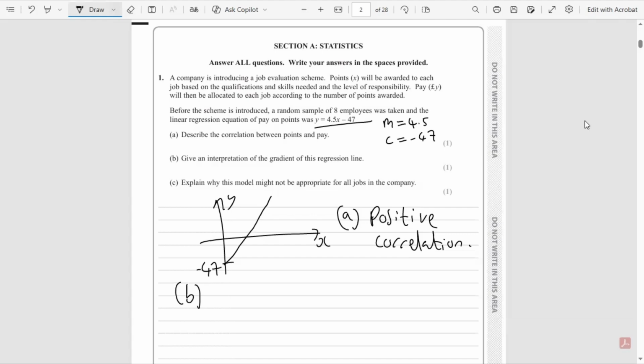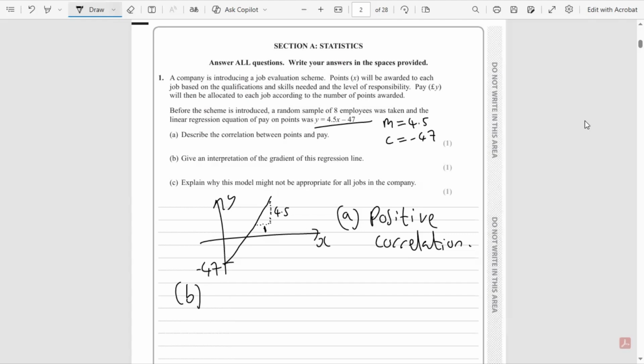So that's the definition of a gradient. So basically, when you increase the points needed for each job by 1, then your y value or your pay increases by 4.5. So as you move along 1, you go up 4.5.